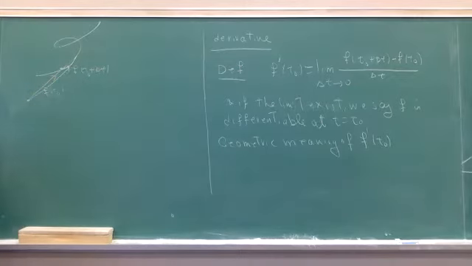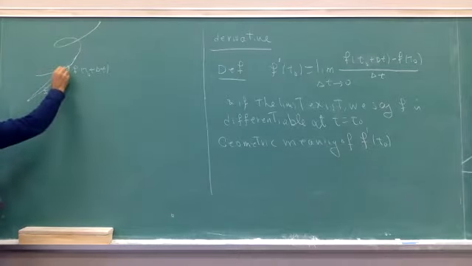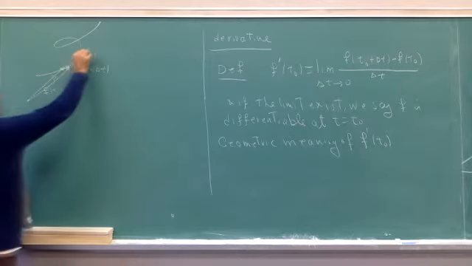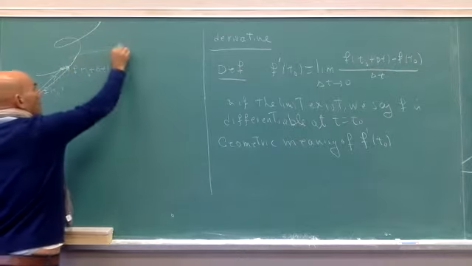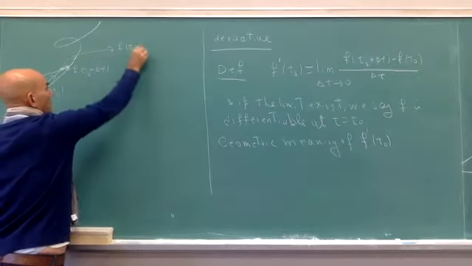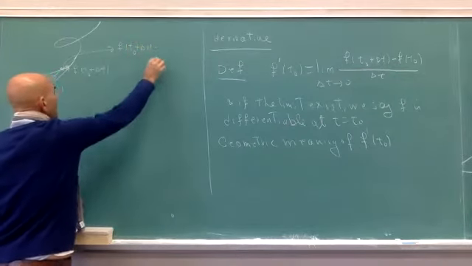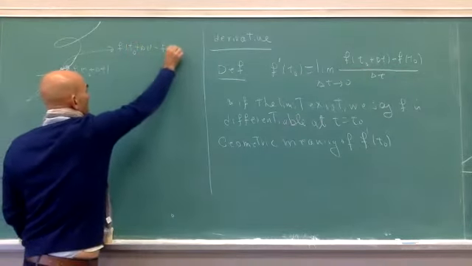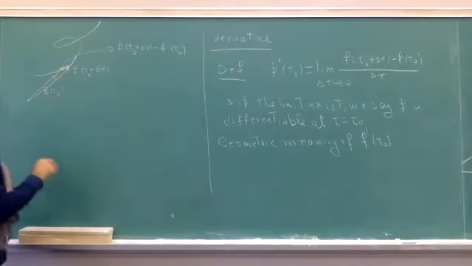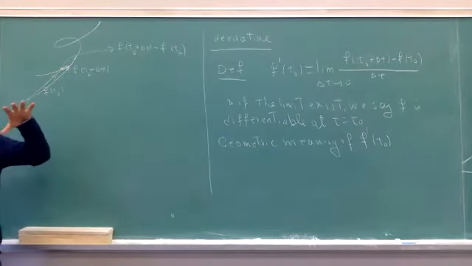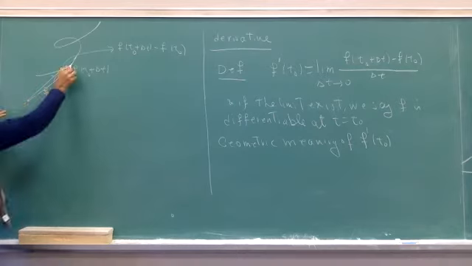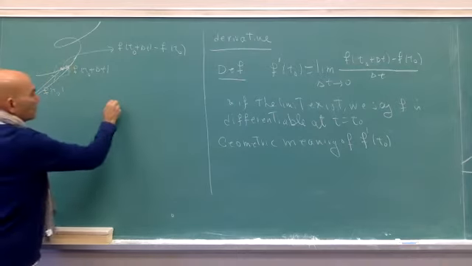Okay. And you're taking the difference between the two, right? You're taking f of t0 plus delta t minus f of t0. So let me put this under a microscope and see what happens in this small piece.